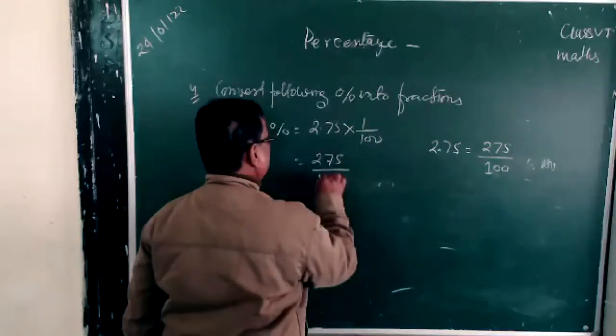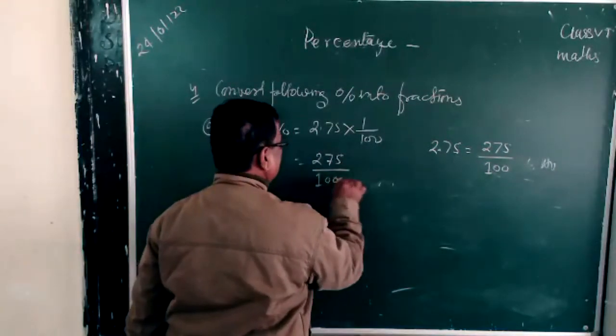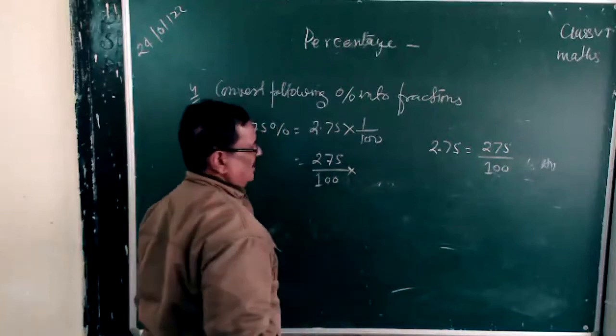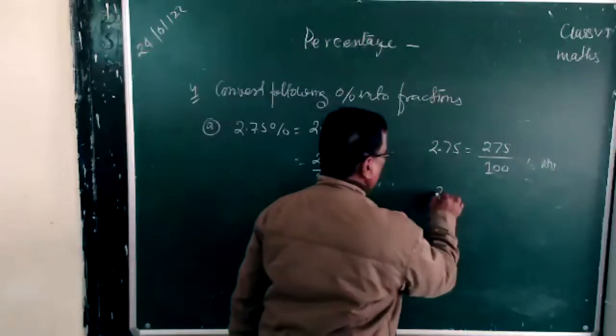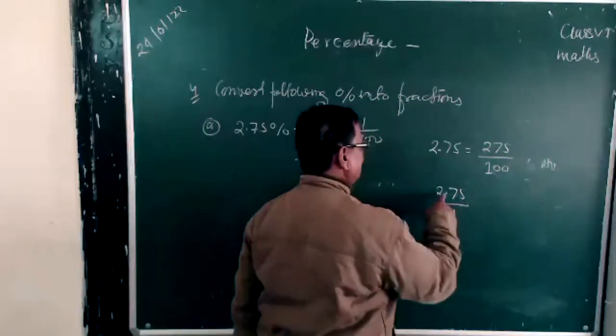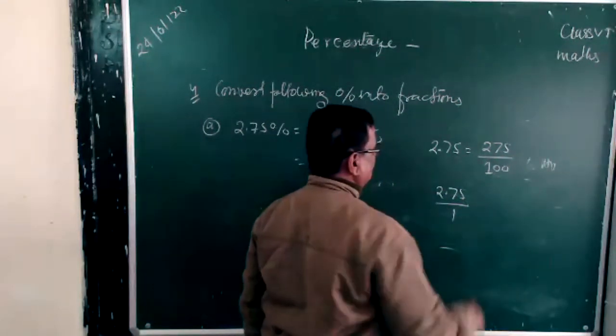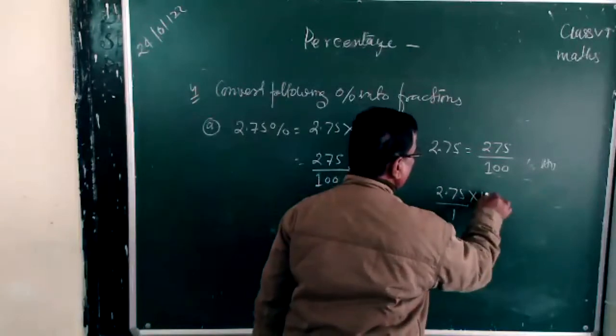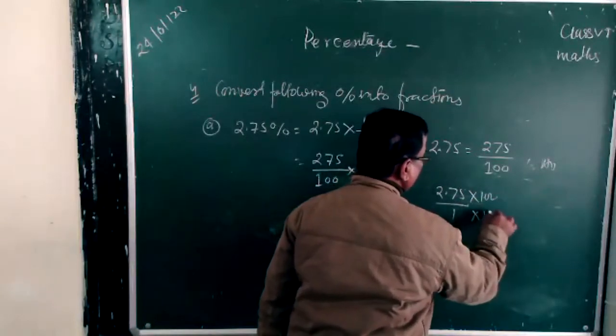So that is 275 by 1 into 1 by 100. Remove the decimal from the numerator, then multiply by 100 up and 100 down also.